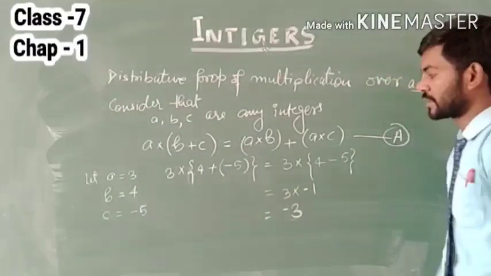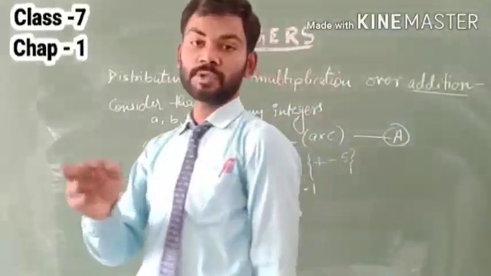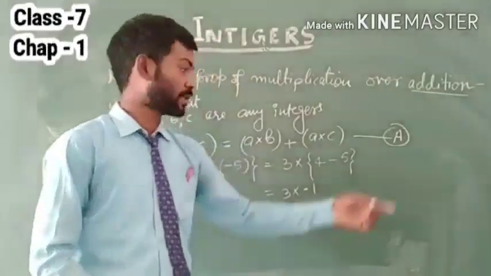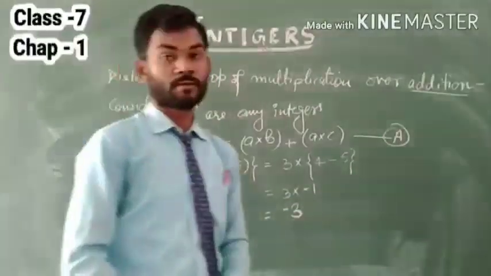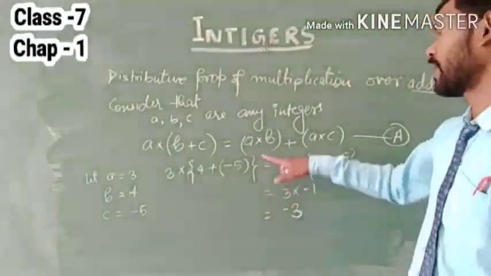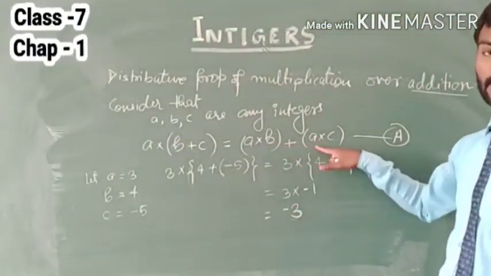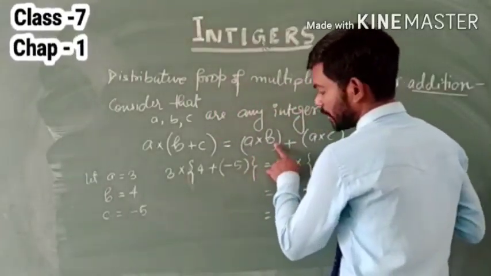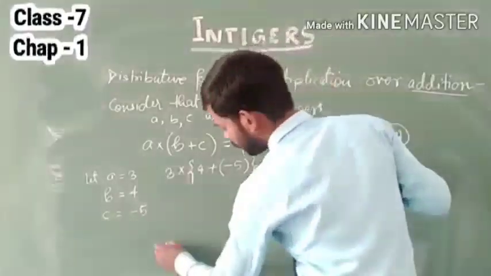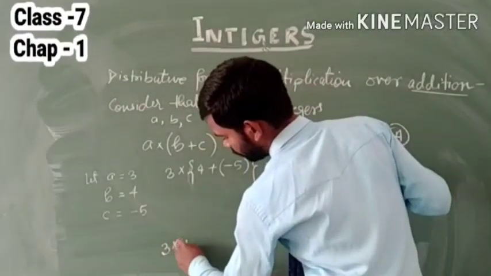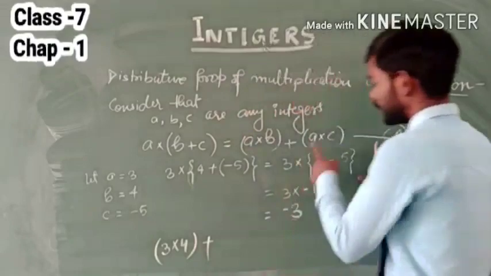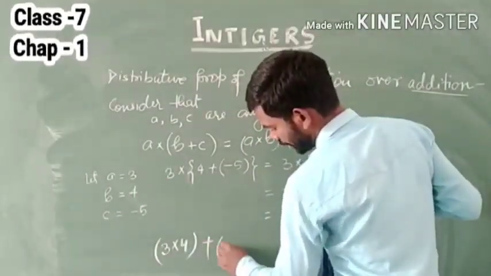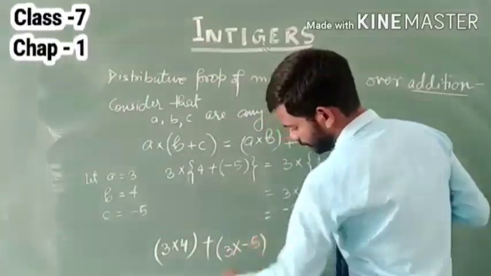Now in the next step we shall substitute the values of A, B, C in the right hand side of statement A. So here we get A multiplied by B, that is 3 multiplied by 4, plus A multiplied by C, that is 3 multiplied by minus 5.